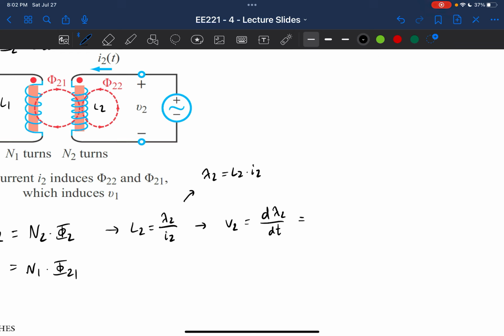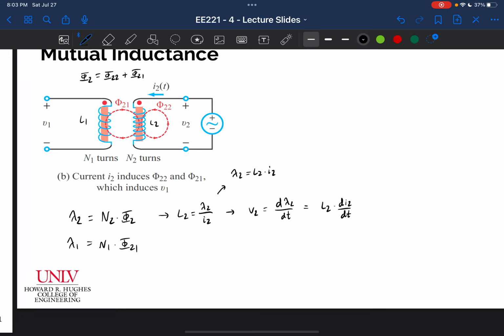And we can rewrite this expression as L2 times di2 dt, which is exactly what we would expect for the voltage across coil number 2. With a current flowing through it, it should be the inductance L2 multiplied by the rate of change of the current through that inductor. Okay.